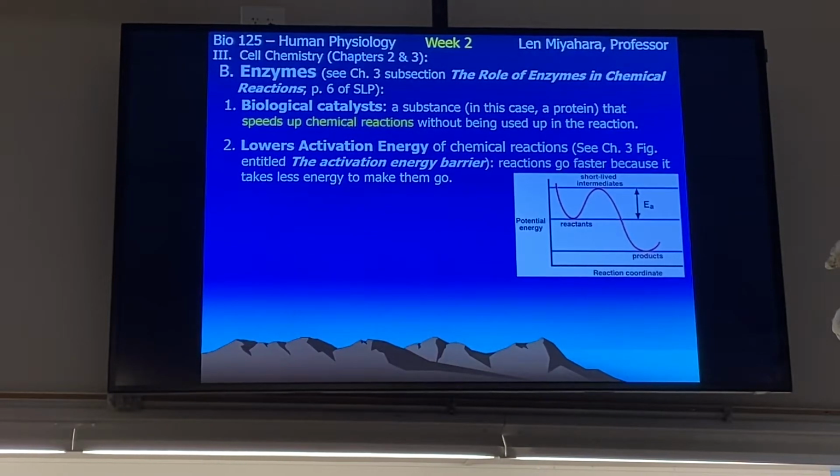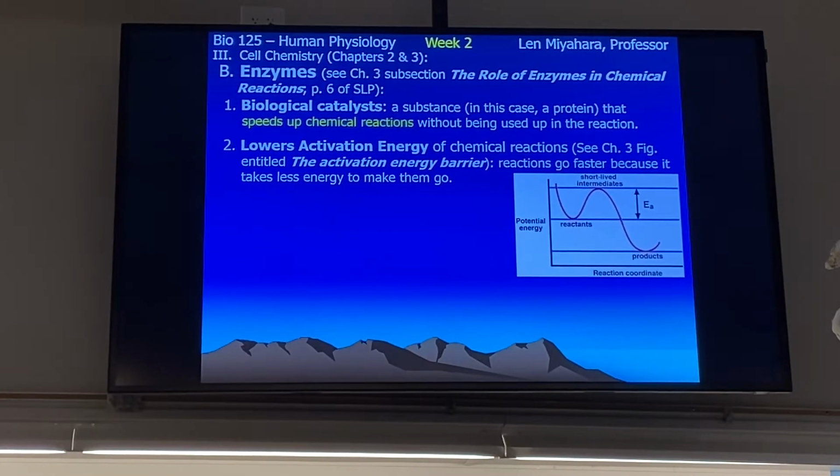This graph is very similar to that. Things that are up in here have high potential energy. Things that are down here have low potential energy. In chemistry, they talk about exergonic reactions, which is basically what this is. Don't worry about it.